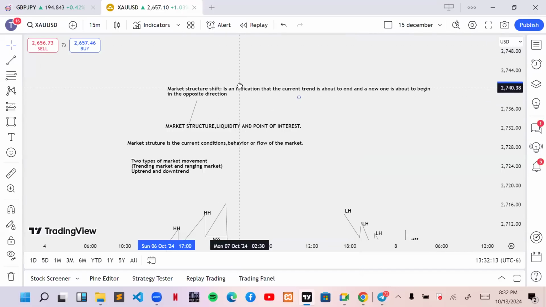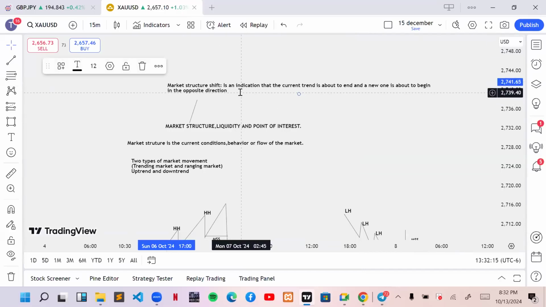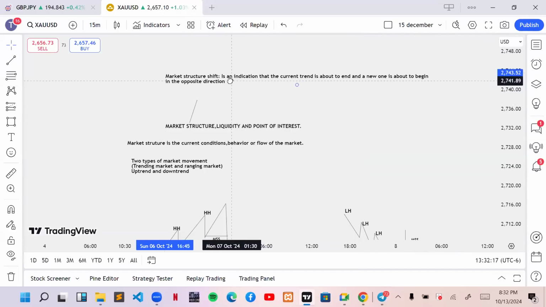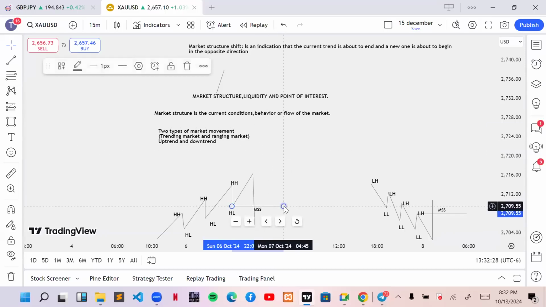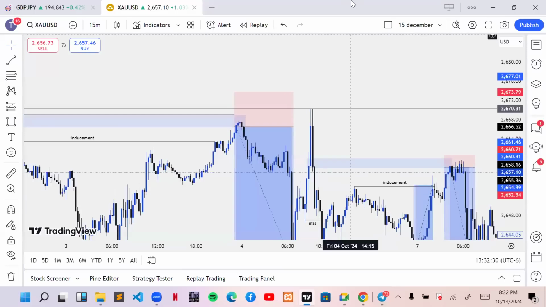So for market structure shifts, we're taking a trade in the opposite direction. If the previous trend was an uptrend, once you notice a market structure shift occur, instead of taking buys, you're going to be taking sells. That is what it means by market structure shift.